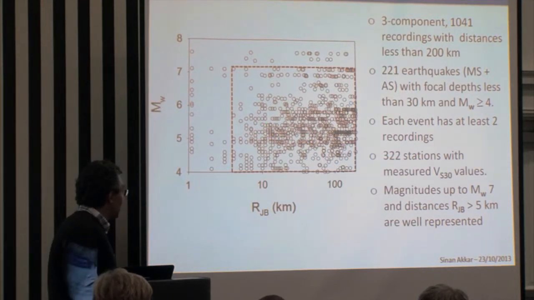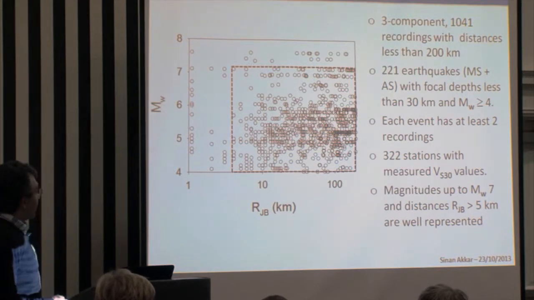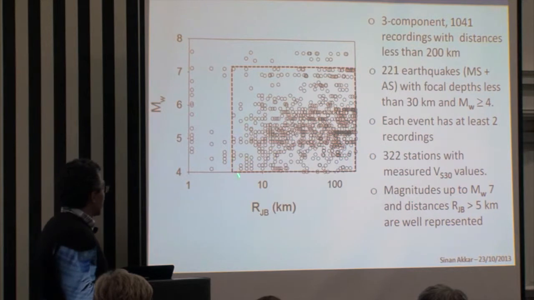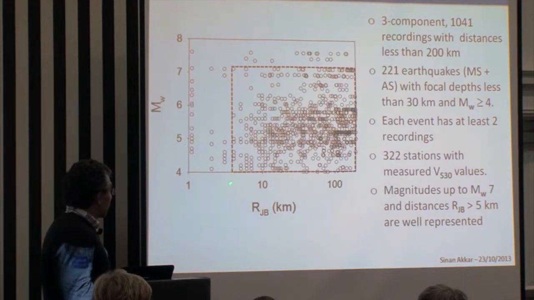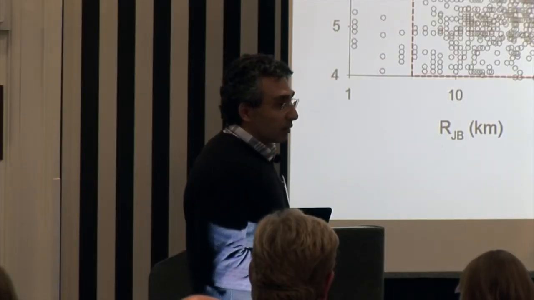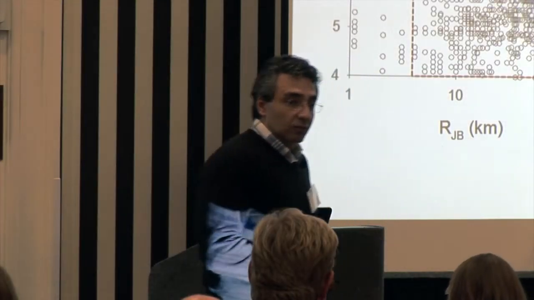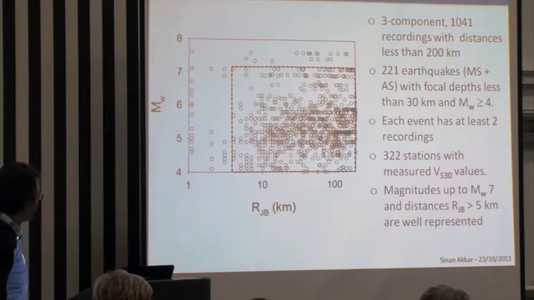There is no inferred VS30 value. As you can see from the overall distribution, the database has a uniform distribution between distances 5 kilometers to 200 kilometers and magnitudes between 4 and 7. Unfortunately, in the European database, we don't have too many large magnitude events.